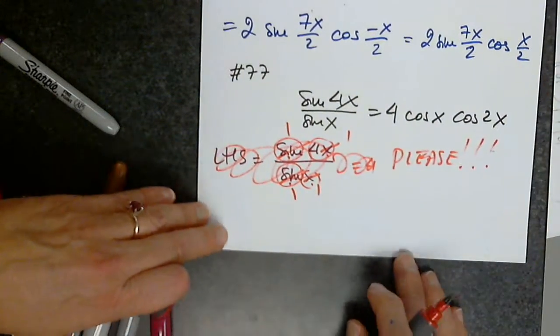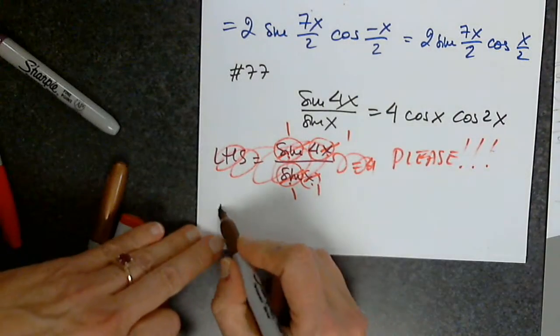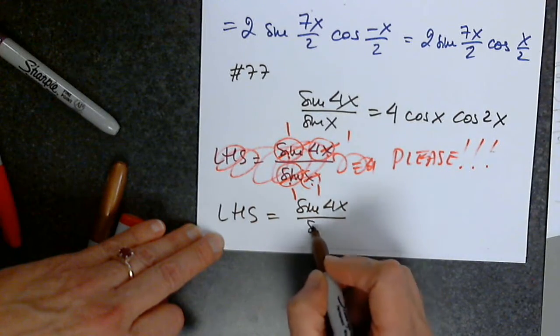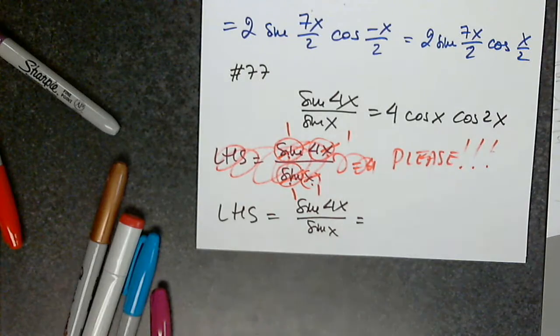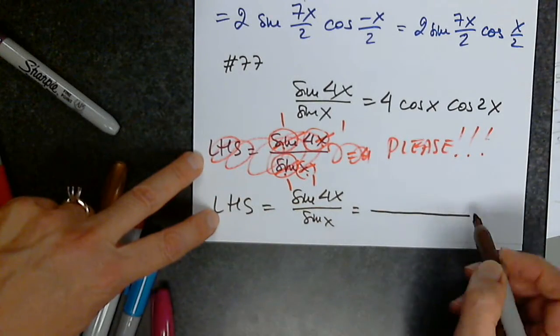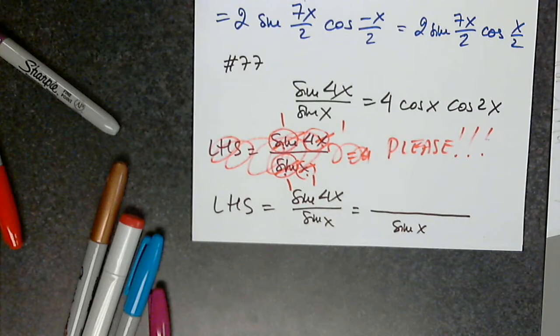So please. Okay. I'm going to come back and start from scratch. The left-hand side equals sine 4x over sine x. I don't know what to do with sine x, but I know something about sine 4x. Give me a formula that I could use for sine 4x.